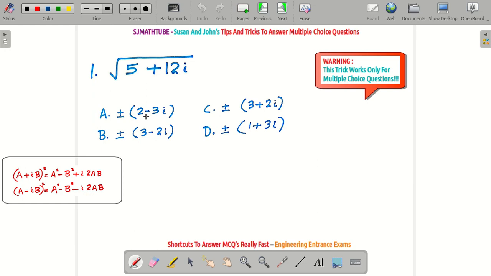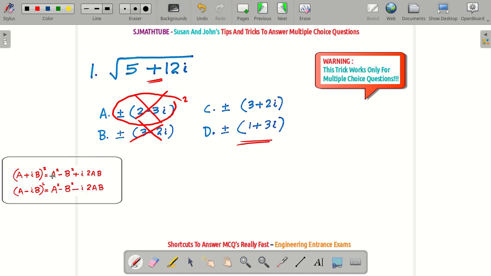I'm thinking, if I square this option, will I ever get this answer? No, never. Because I have plus in between. So I'm going to cancel A and B because A and B cannot be our answers. So the only options are D and C. So let's go for D. Look at this.